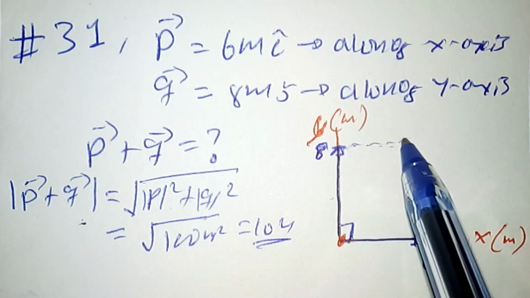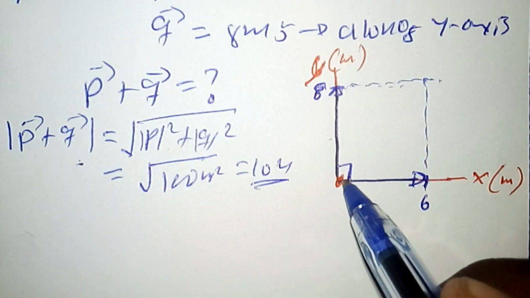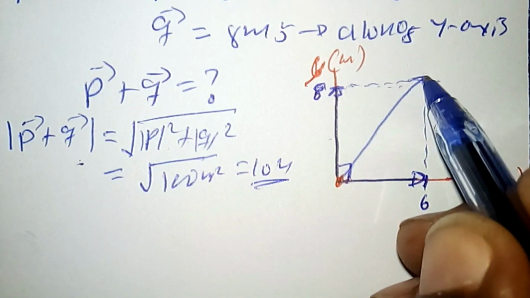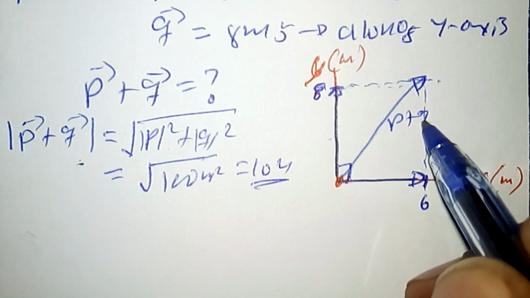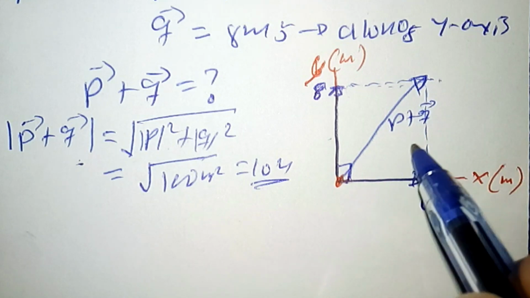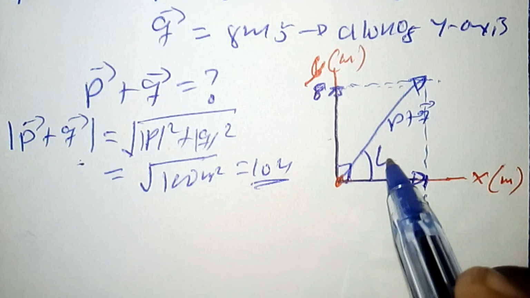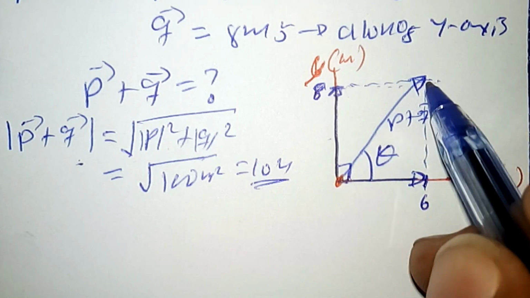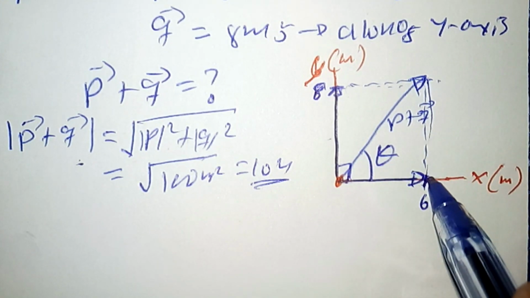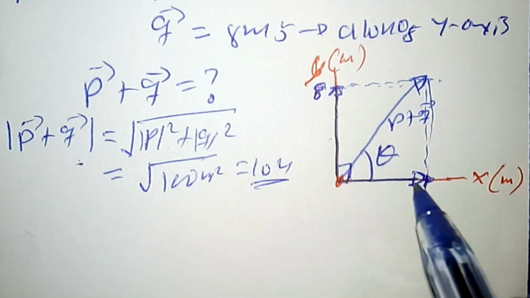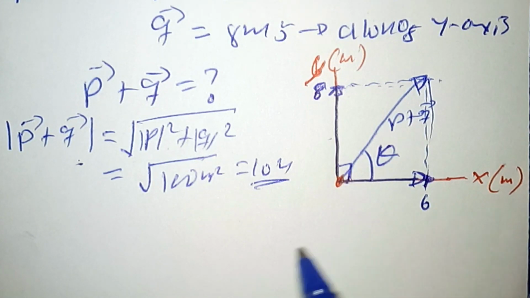If I use the parallelogram method, this is the magnitude of P plus Q, and the angle which P plus Q makes with the x-axis is theta. This value is simply the Q component and this one is the P component.